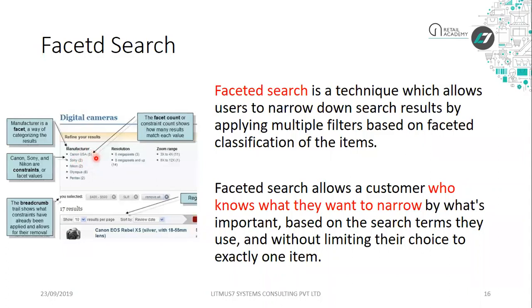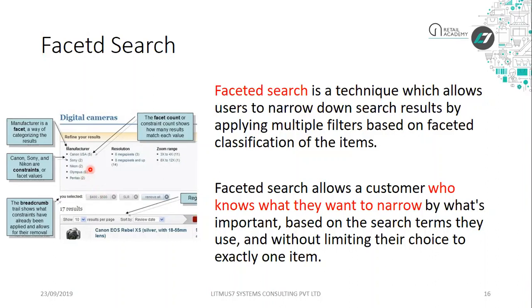Facets, or dimensions, or filtering criteria will be listed for ease of navigation and for narrowing down the results. Faceted search is a technique which allows users to narrow down the search results by applying multiple filters based on set classification. That's the definition of faceted search.